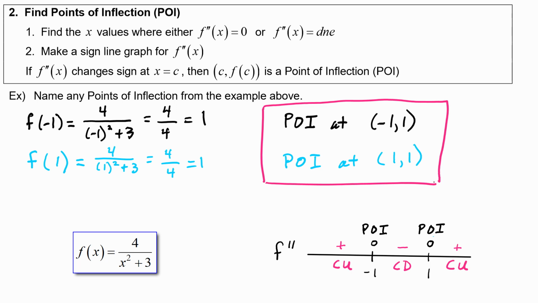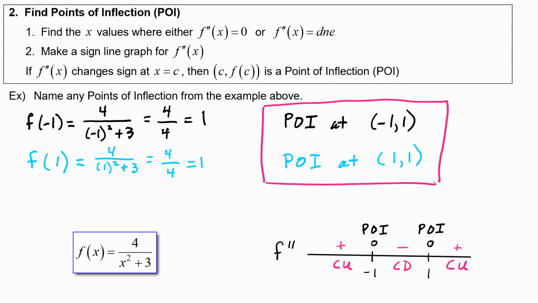And this point of inflection, because it's where the second derivative changes sign, is going to be the place on the graph where the graph of f changes over from concave up to concave down, or it changes over from concave down to concave up.